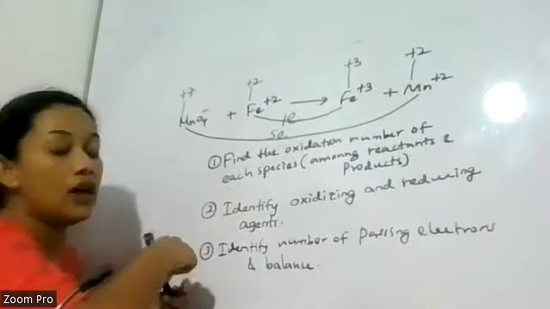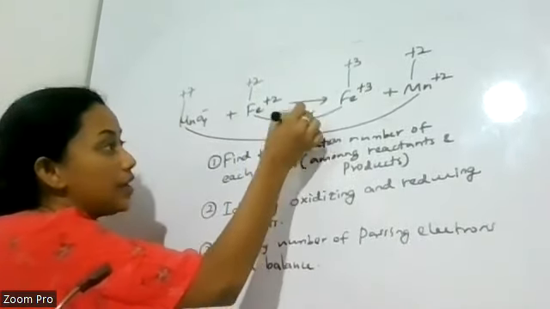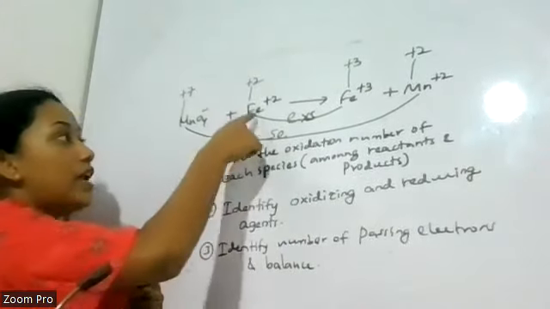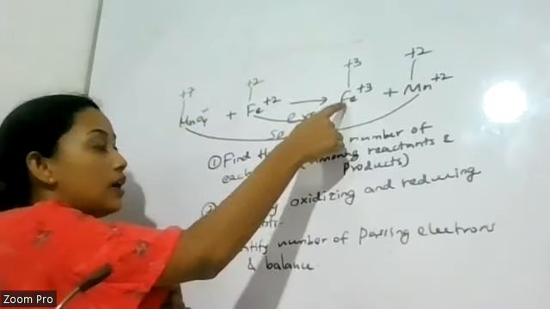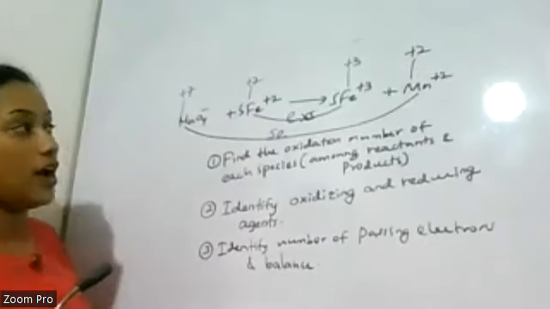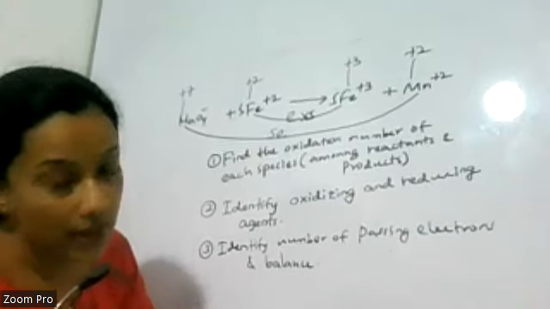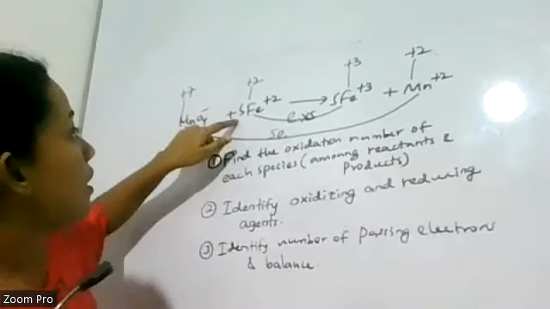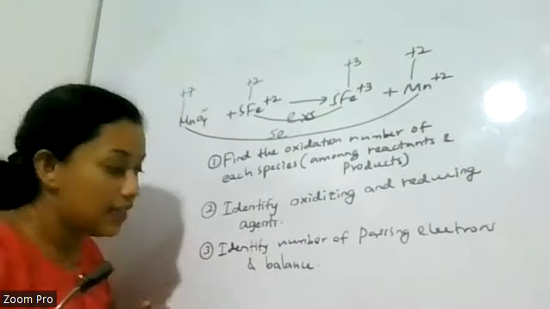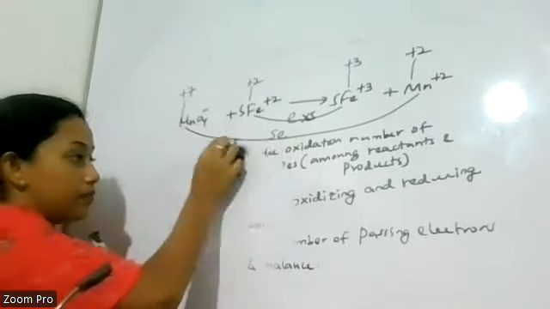Therefore, to balance electrons, we have to multiply 1 by 5. That means 5 electrons here and 5 electrons there. We have to multiply the relevant species by 5 here. Now, we have balanced all the atoms: 5 Fe, 1 manganese.